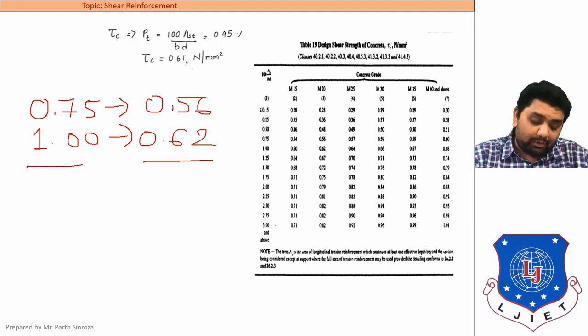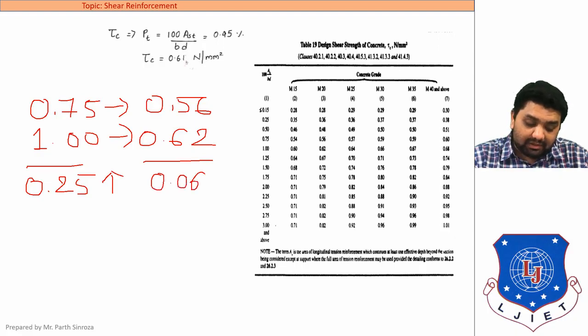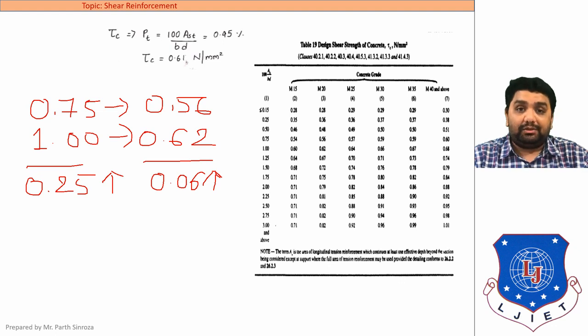In the LHS portion you can see that the value increases by 0.25. The up arrow indicates that the values are increasing and the down arrow indicates that the values are decreasing. And in the RHS portion you can see that the values are also increasing, by 0.06.